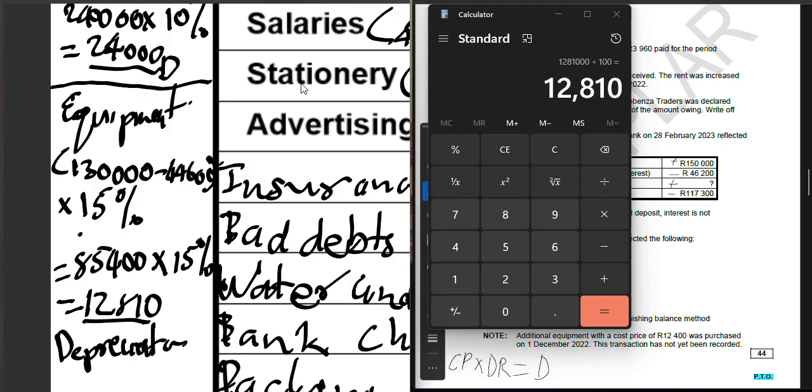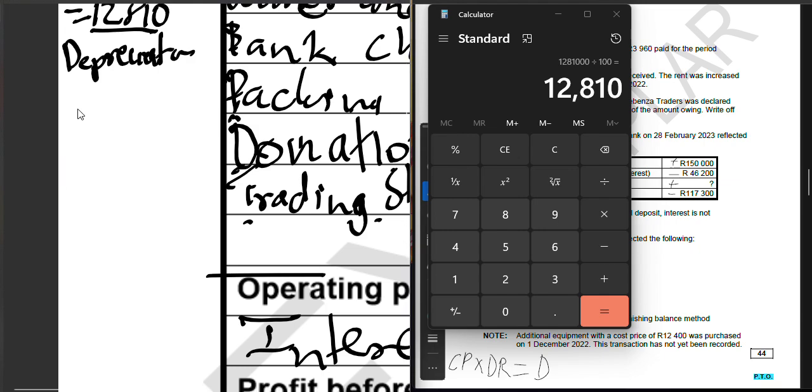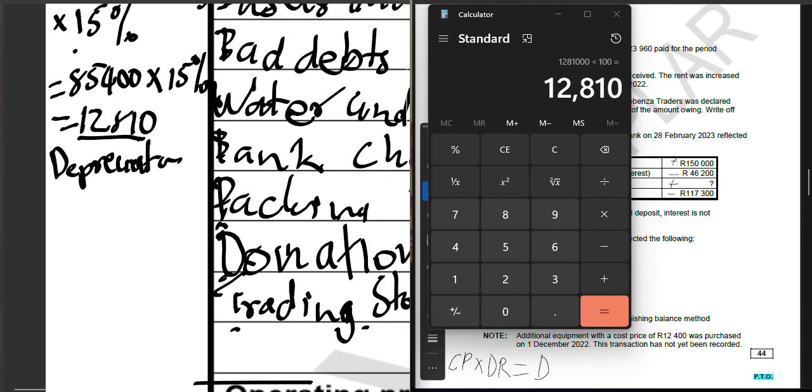So how much is depreciation? Depreciation for the year is going to amount to vehicle depreciation plus equipment depreciation. First of all, we're going to start with the 24,000 plus 12,810.